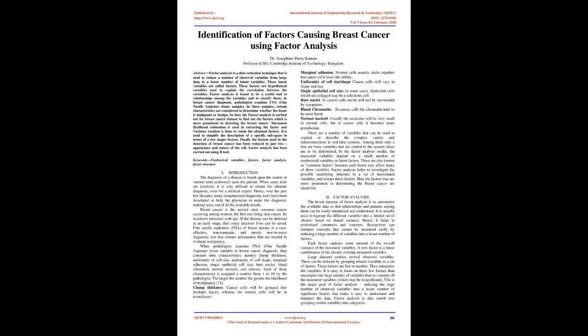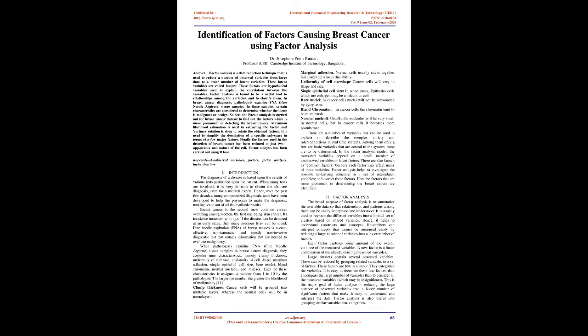Clump thickness: cancer cells will be grouped into multiple layers, whereas the normal cells will be in monolayers. Marginal adhesion: normal cells usually stick together but cancer cells lose this ability. Uniformity of cell size and shape: cancer cells will vary in shape and size.